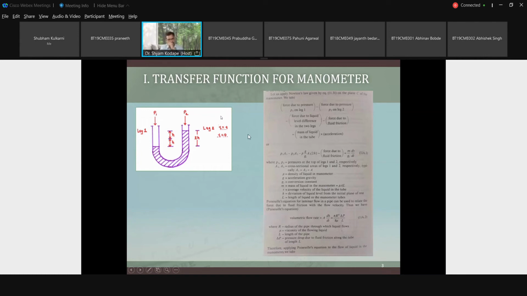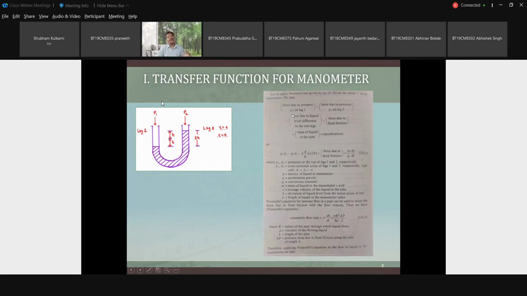Which option will you select? There should be a force balance. That's why we use the force balance: Newton's law gives us F is equal to ma, which is nothing but force is equal to mass into acceleration.